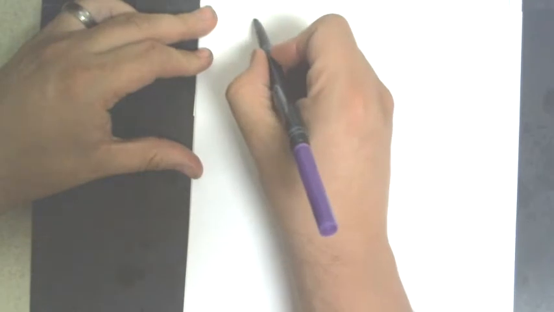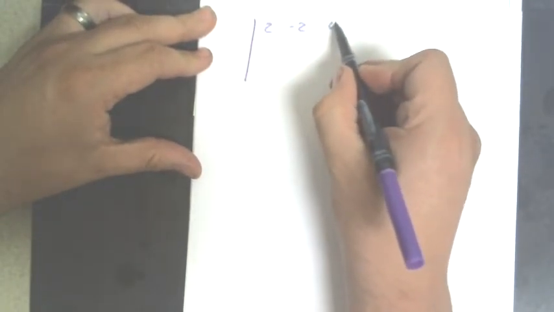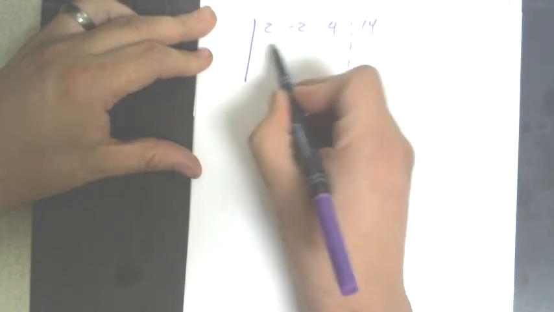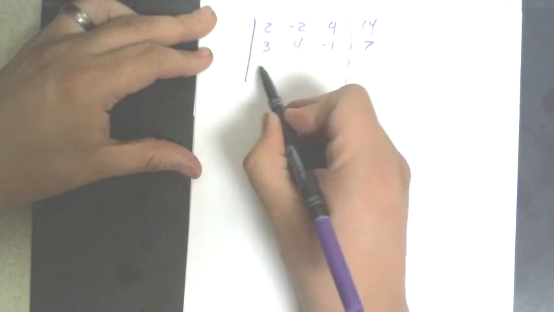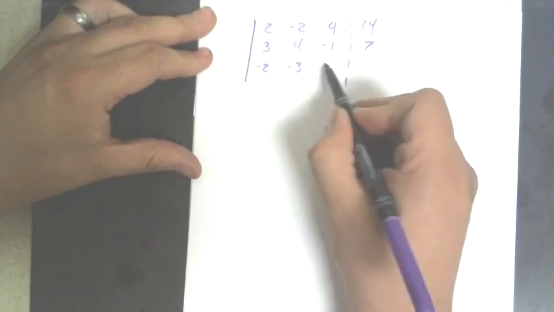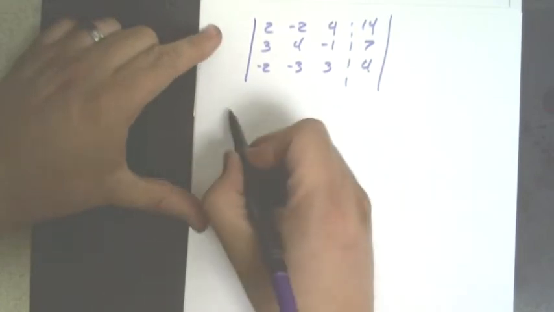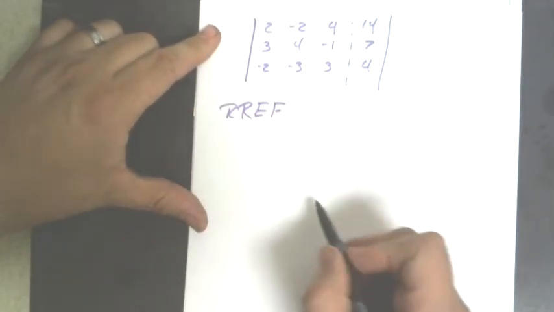Okay, to do that with the matrix real fast, you're just putting into your calculator your matrix augmented with your coefficients and your solutions. So your matrix is going to look like that. And then you're going to ask your calculator to put it in reduced row echelon form.